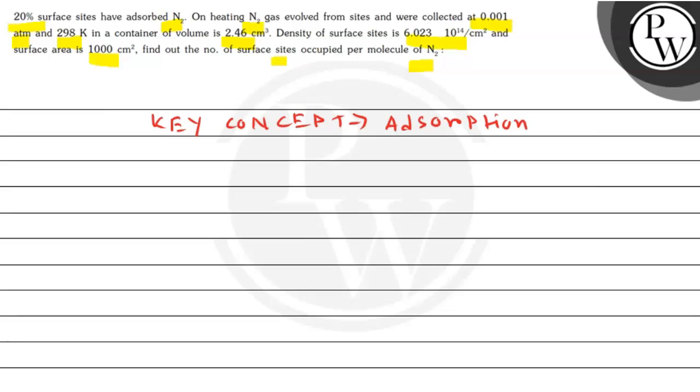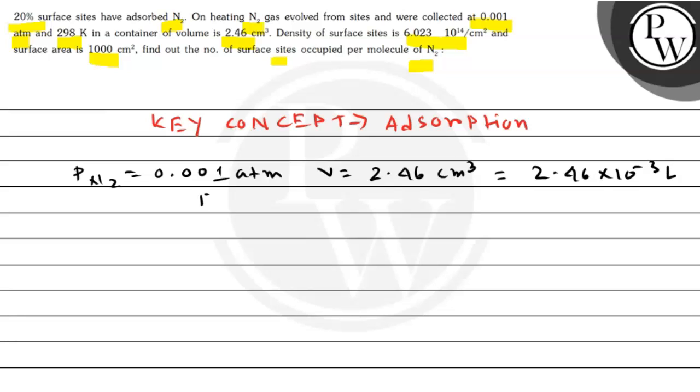As per this question, we have all the requisite information: P of N2 is 0.0001 atm, V is 2.46 cm³, which converted to liters is 2.46 × 10^-3 liter, T is 298 Kelvin, and the value of R in liter atmosphere units is 0.0821 liter atm K^-1 mol^-1.